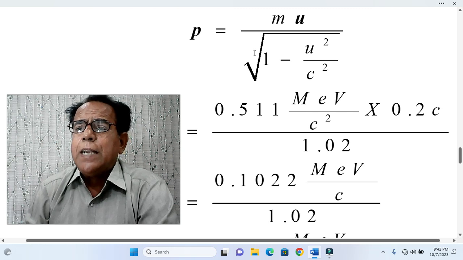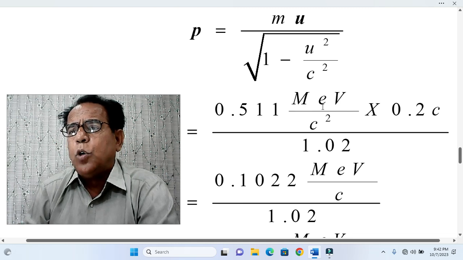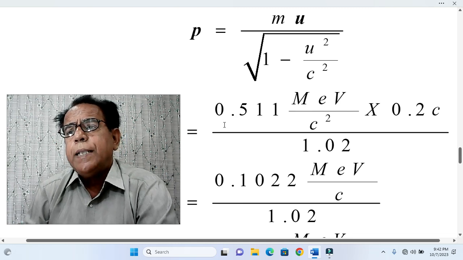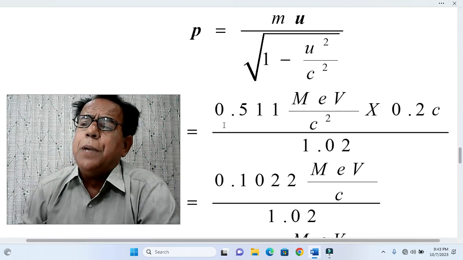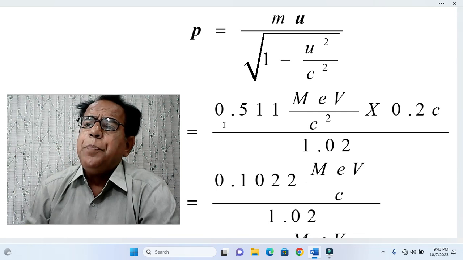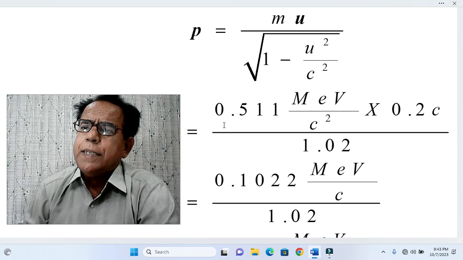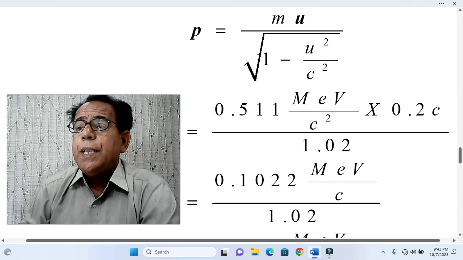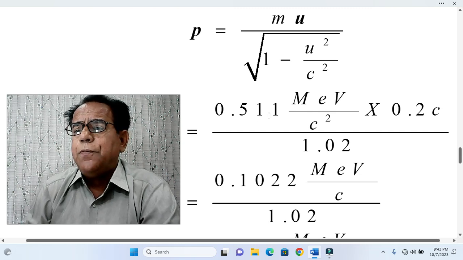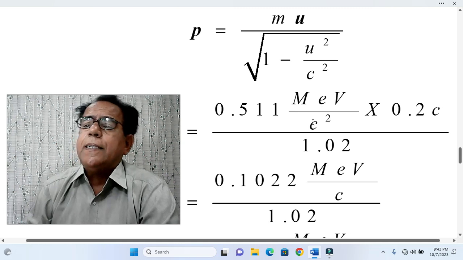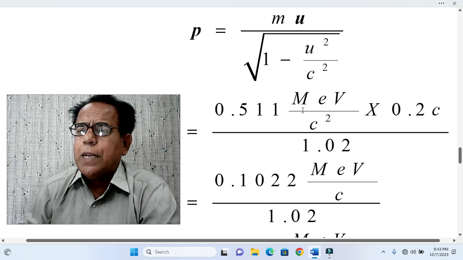When mc square is equal to 0.511 million electron volt, then c square will be shifted to the other side of equality, and hence in place of m we will get 0.511 million electron volt over c square, because we have the value of mc square equal to 0.511 million electron volt.